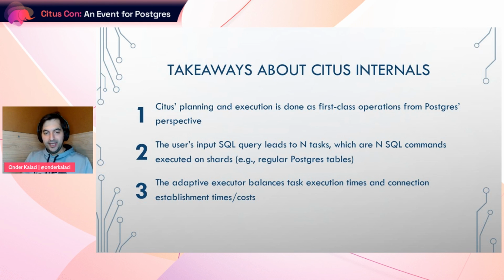So I think I'm at the end of my presentation. This is my last slide, and I wanted to recap what we discussed. The first thing is that Citus's planning and execution is done as a first-class operation from Postgres' perspective. All the objects that Citus introduces into Postgres are represented just like any other Postgres structure.